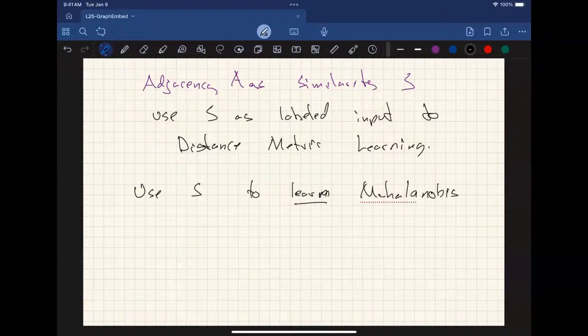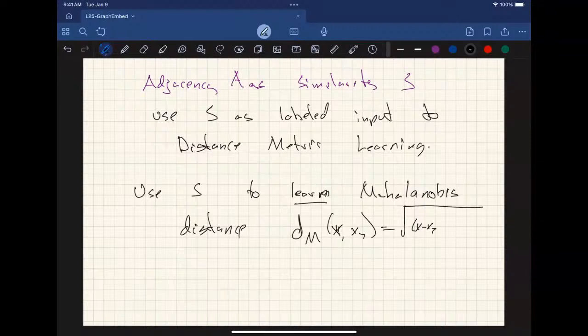Mahalanobis distance, or D_M, of v_i, v_j, or if I start with some embedding, x1, x2, remember, this is (x1 minus x2) transpose M (x1 minus x2).